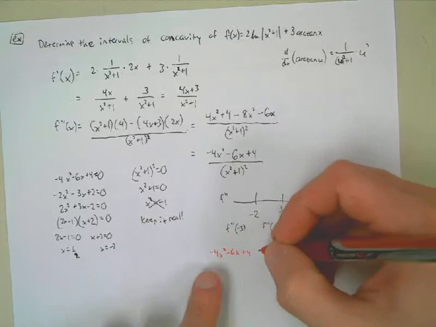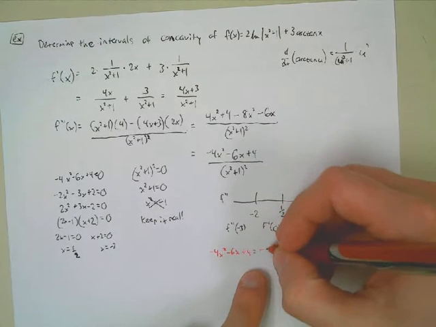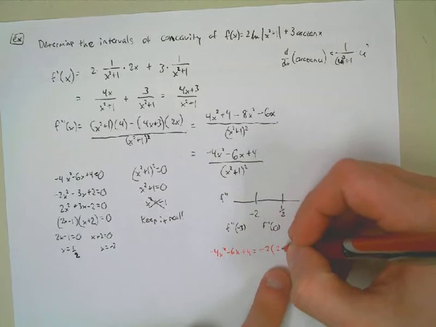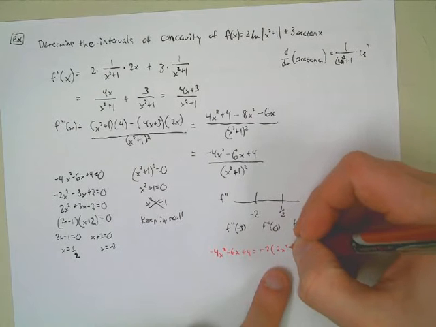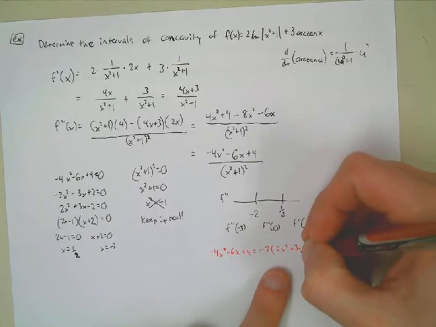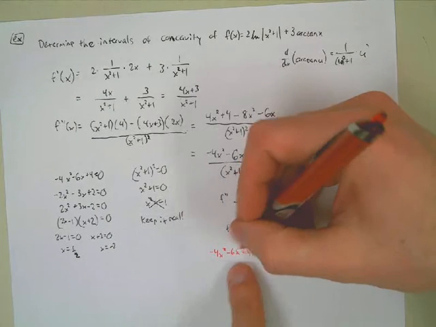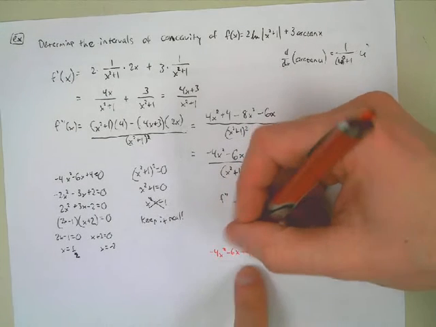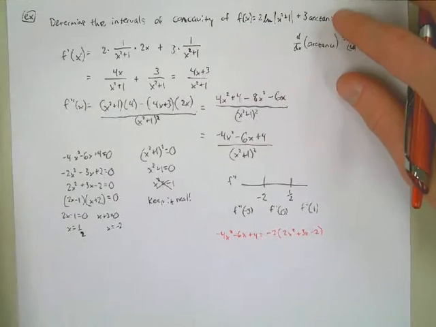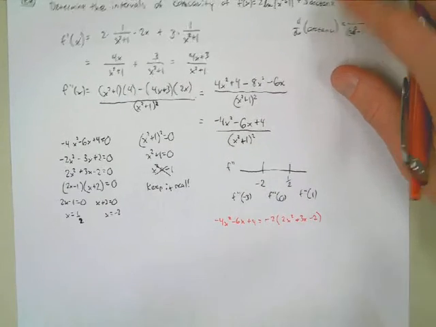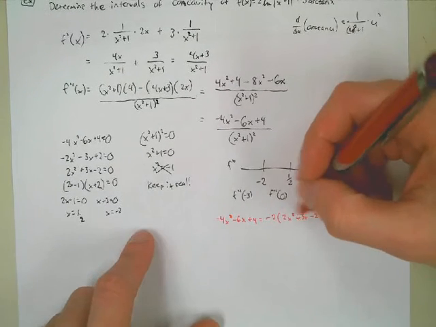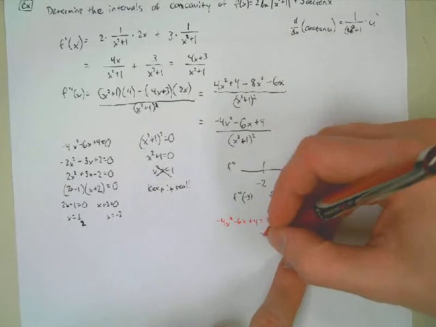We'll factor out a -2, which leaves us with 2x squared plus 3x minus 2. So I factored a -2 out of my second derivative's numerator. And then we're going to factor this, and we know that this factors to 2x minus 1 and x plus 2 from previous work that we did.